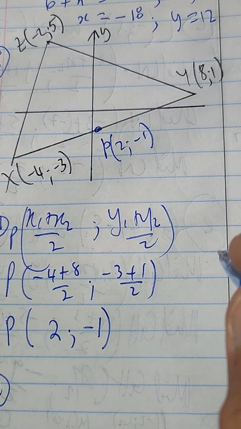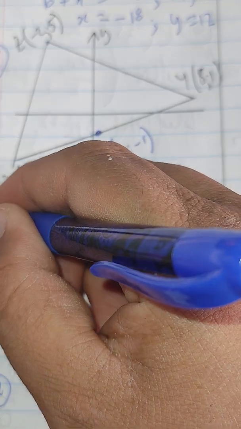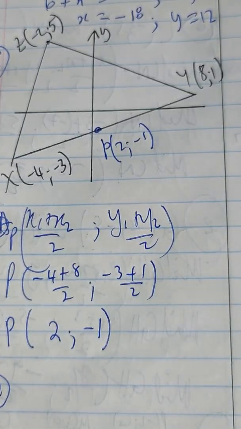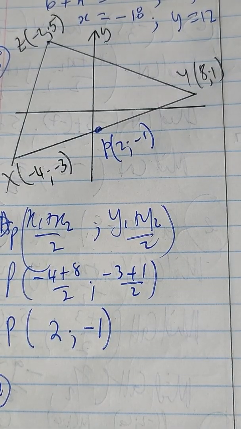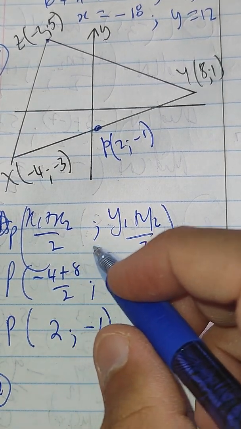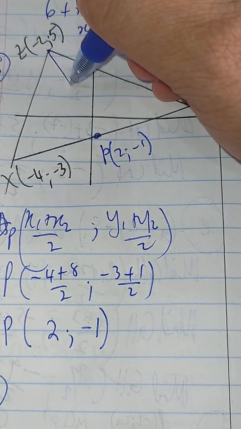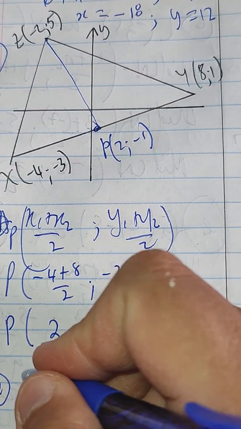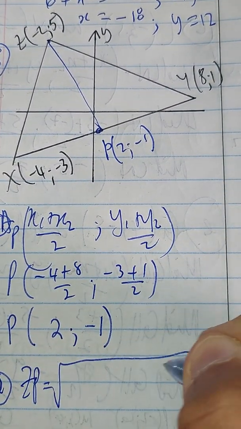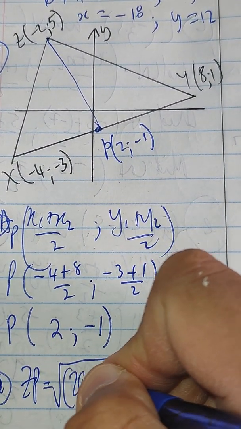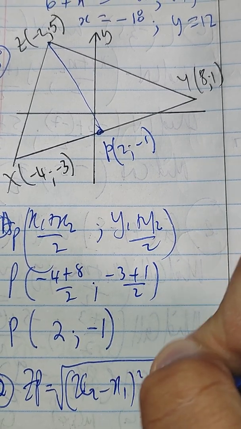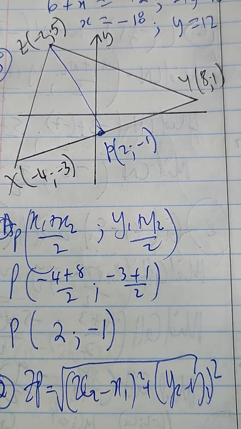Now the B part. The question says find the length of ZP in simplified surd form. ZP, in other words, is this length here. So the distance formula is the square root of x2 minus x1 squared plus y2 minus y1 squared.